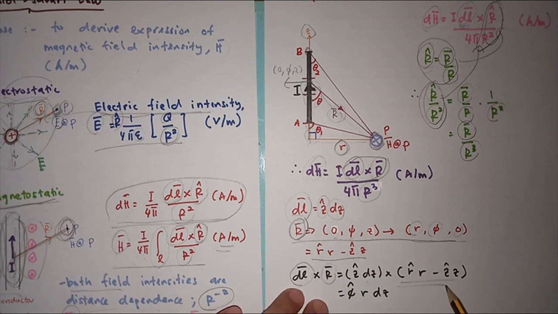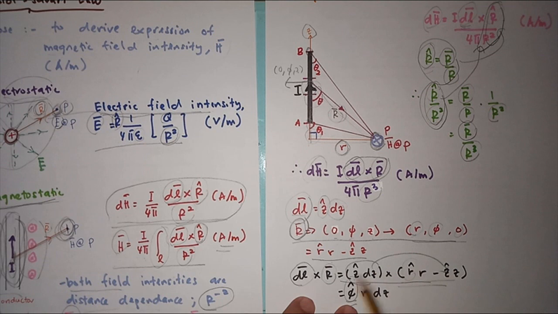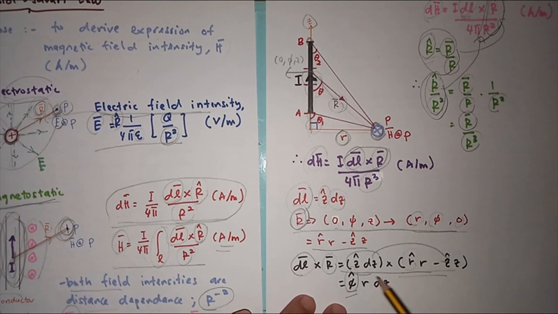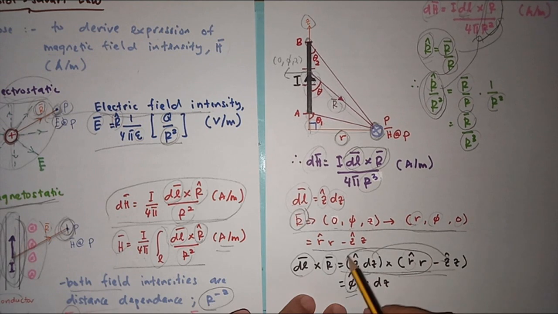The result of z-cap cross r-cap will have direction in phi-cap, whereas z-cap cross z-cap will be 0. That's why we only consider the first operation. So the result for this operation is equal to phi-cap r multiplied by dz.